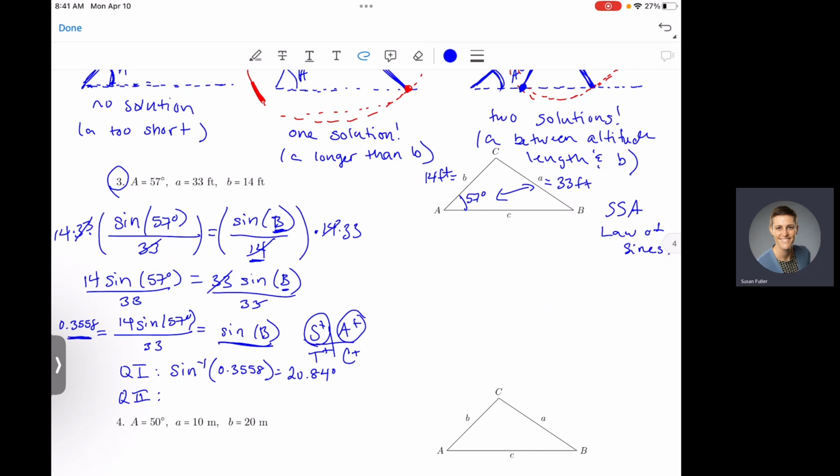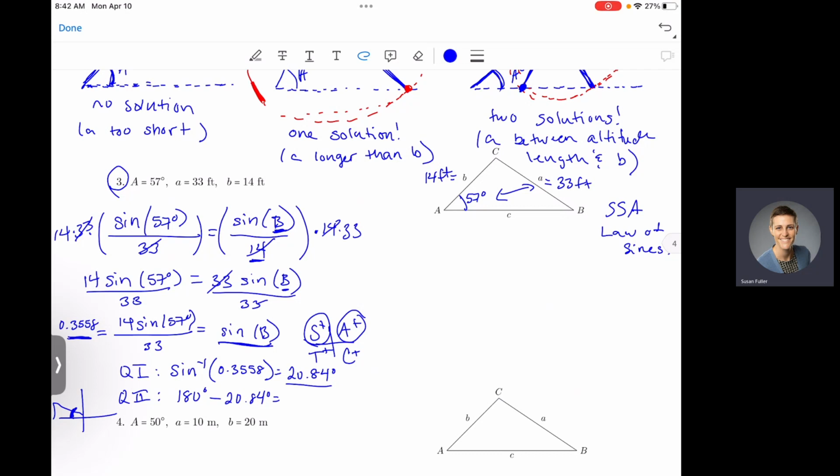Now to find my quadrant 2 solution, I'm going to take that reference angle from quadrant 1 and put it here in quadrant 2. This reference angle is going to match this one. So to get my quadrant 2 solution, I'm going to take 180 degrees and subtract that reference angle of 20.84 degrees.